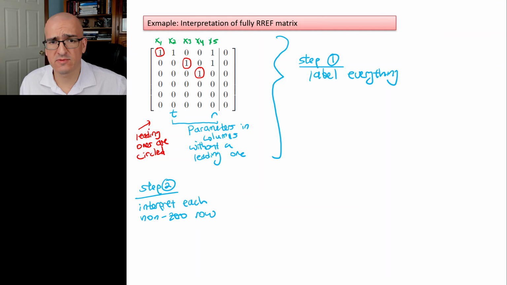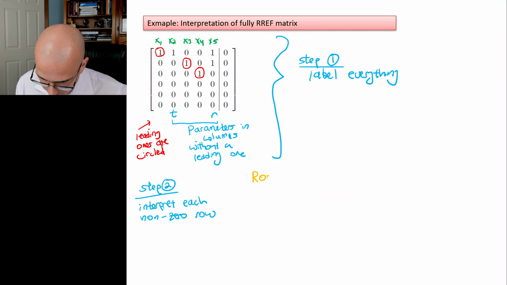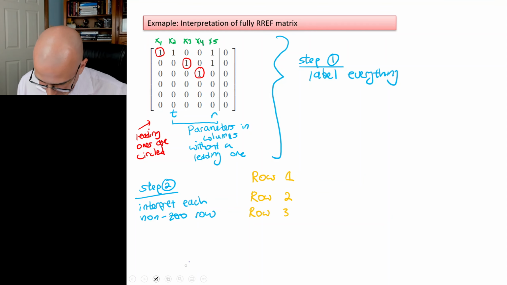You don't need to interpret the 0 rows because they don't say anything. They just say 0x, 0y, 0z, 0 whatever equals 0. Not helpful. But the other rows tell you something. Row 1 says that x1 plus t plus r equals 0.